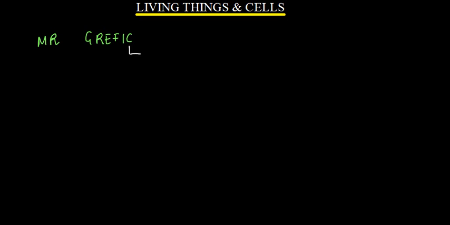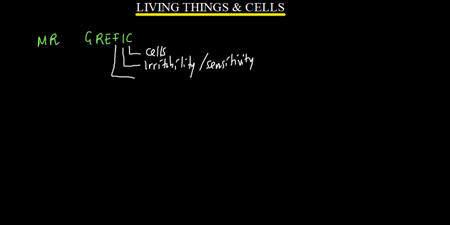The C here is going to represent cells, but I'll tell you which one you can leave out. And then the I here is irritability. The other term for irritability is also known as sensitivity. And then you have got the F, which is basically feeding. The other term that we use for feeding is nutrition.